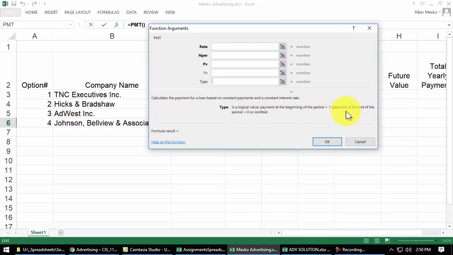It is assumed to be 0, so you can leave that blank. What that means is typically when you borrow money, you pay in arrears. After the first month goes by, your payment that's due the 15th of the next month is to pay the interest and principal on the previous month. We're generally going to assume we're paying at the end of a period.